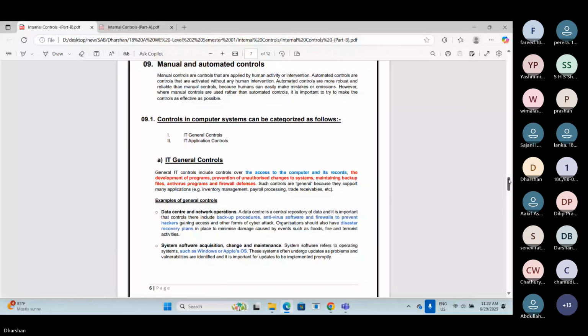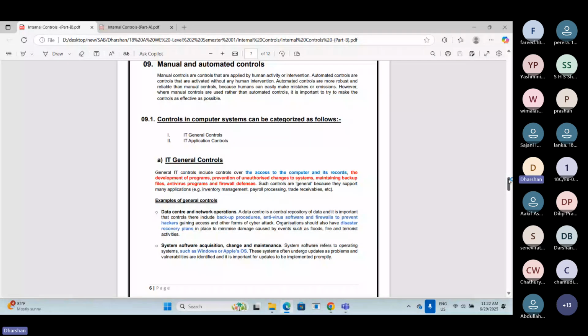If you unlock it, only then can you access your mobile bank or WhatsApp or Facebook or Instagram. So that phone unlock password is considered a general control. It is applicable to all applications, not only a specific application.